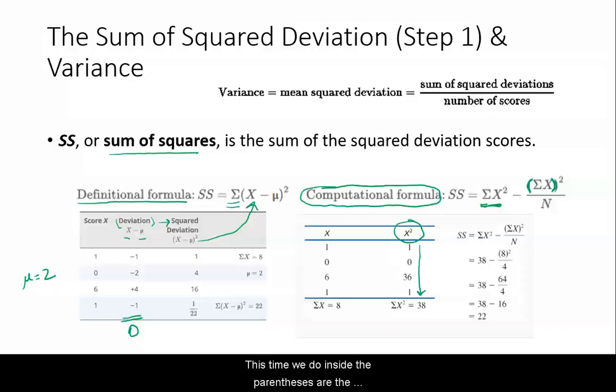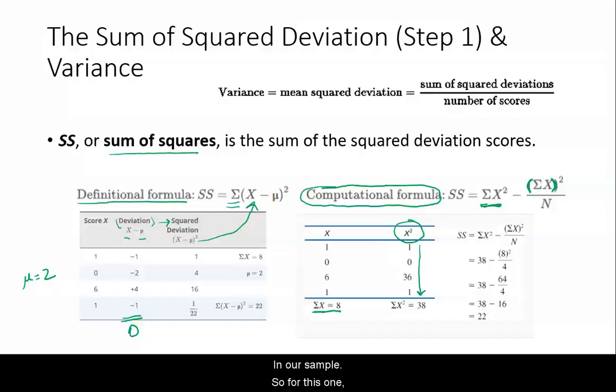This time we do. Inside the parentheses are the instructions: add up x. So the first thing we do is add up x, and then we put that into those parentheses and square the result of adding x. And then we put it over n, which is the number in our sample.